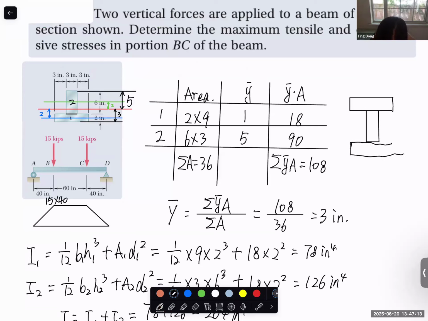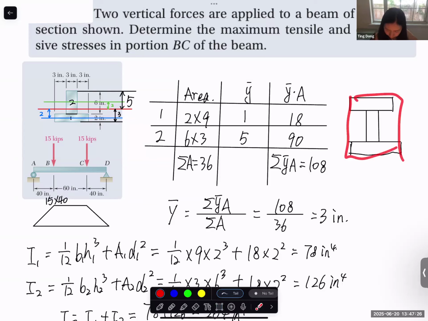If it's symmetric, then actually this problem is easier than the example problem we have solved, because for the moment of inertia you can simply use this one minus this one minus this one. You don't need to use the parallel axis theorem. And again, if it's symmetric top and bottom, the magnitude of maximum compressive and the magnitude of maximum tensile should be the same.